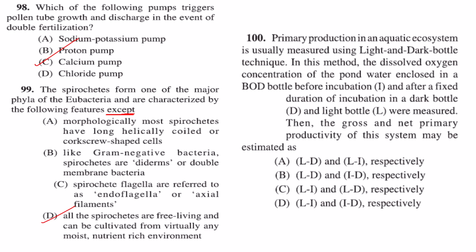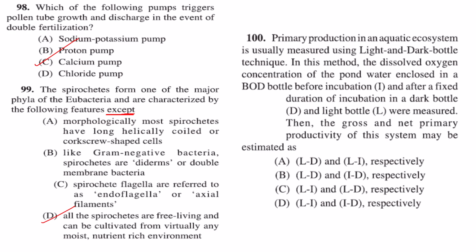Then next one. Primary production in an aquatic ecosystem is usually measured using light and dark bottle technique. In this method, the dissolved oxygen concentration of the pond water enclosed in BOD bottle before incubation and after a fixed duration of incubation in a dark bottle and light bottle were measured. Then the gross and net primary productivity of this system may be estimated as.